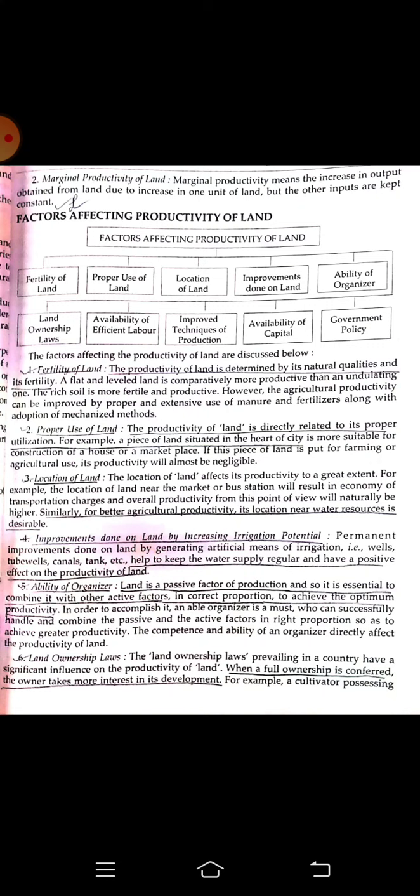So if the government gives them some training on how to use modern technologies or modern techniques of farming, then farming production will increase. Not only that, if the government provides them some subsidized loans and provides them with some machines, that will also be very beneficial for them.